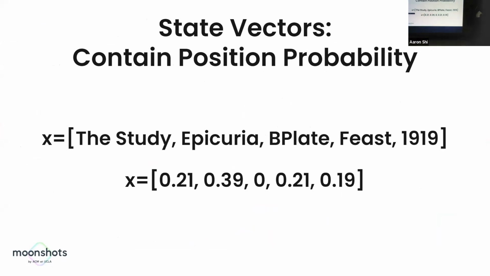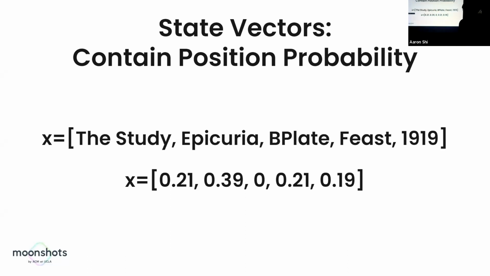A state vector you can use to encode a lot of different things. One example could be if you had a state vector that represented the position of this projector, it would be 0, 0, 0 everywhere except a 1 where the projector would be. However, whenever we're dealing with quantum properties, they usually have probability fields.